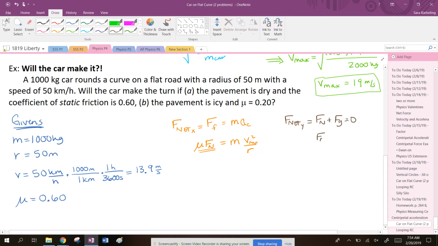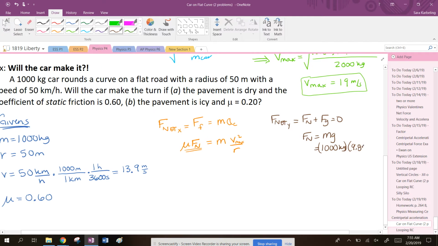So the normal force has to be the opposite of the gravitational force. That's the mass times the acceleration due to gravity: 1,000 kilograms times 9.8 meters per second squared. I can do that one in my head. 9,800 newtons.